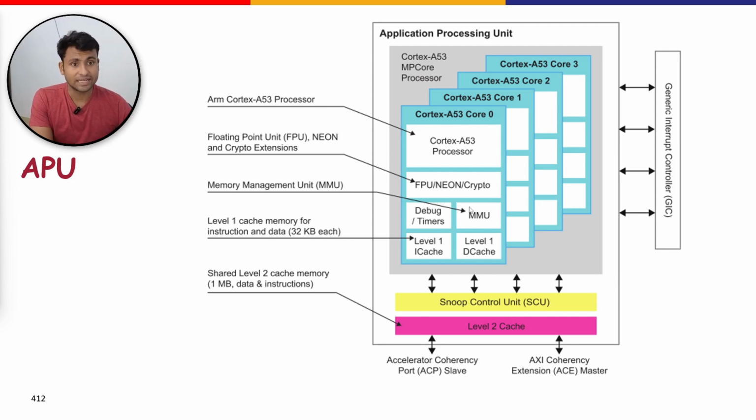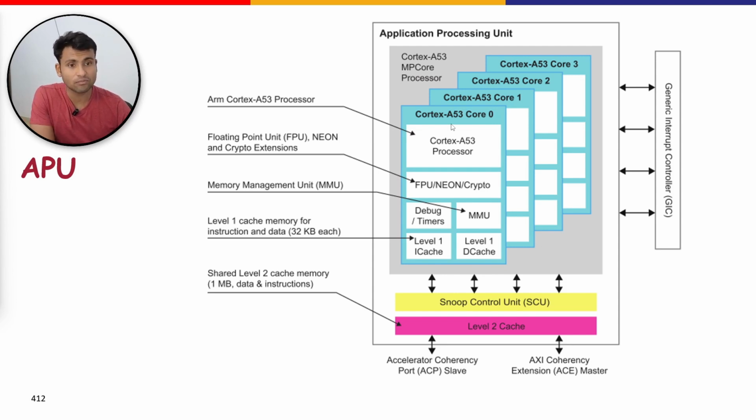It has a dedicated L1 cache. One cache is the I cache, which you see is for caching the instructions, and the D cache is for caching the data. And the remainder of the APU consists of a Snoop control unit and a level 2 cache memory, which you can see here.